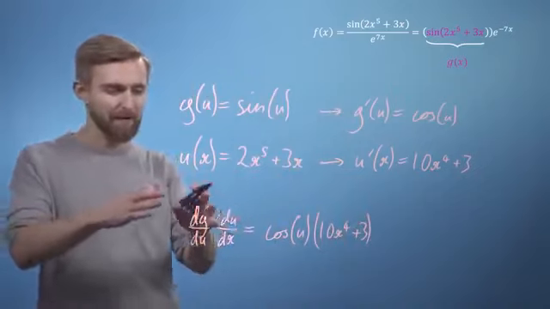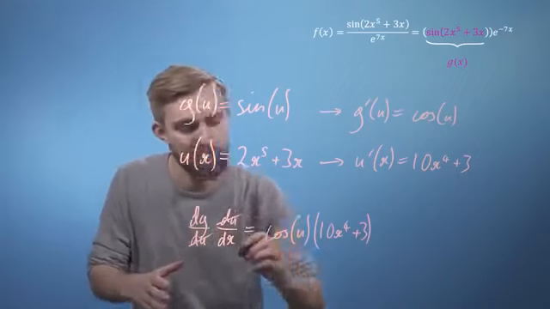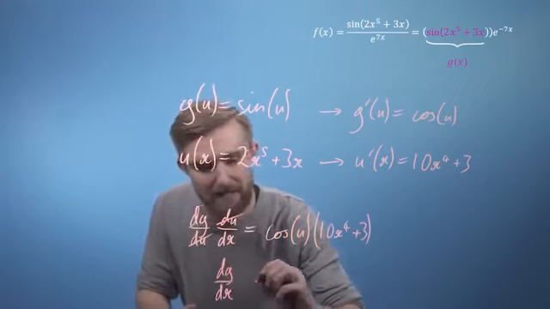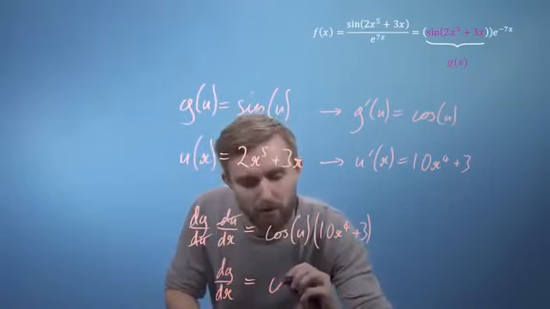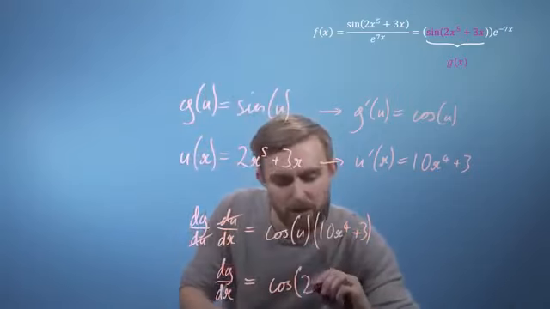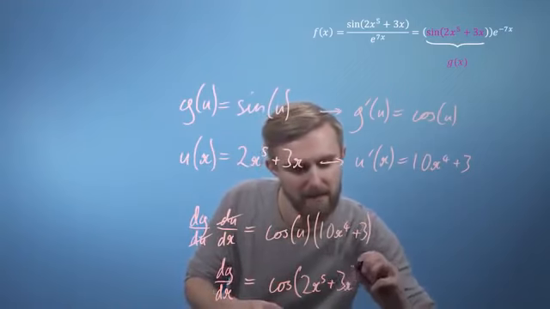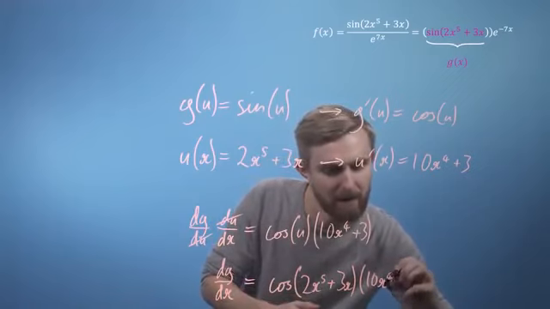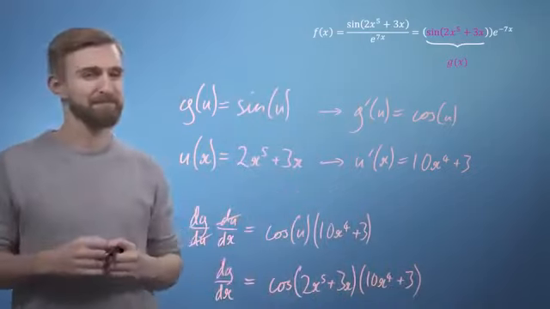And now we're going to want to have a final expression that doesn't include a u. So we can think about these 2 cancelling each other out, and we get dg by dx. And this just equals cos of u, which is just 2x to the power of 5 plus 3x, multiplied by 10x to the power of 4 plus 3. And that's it.